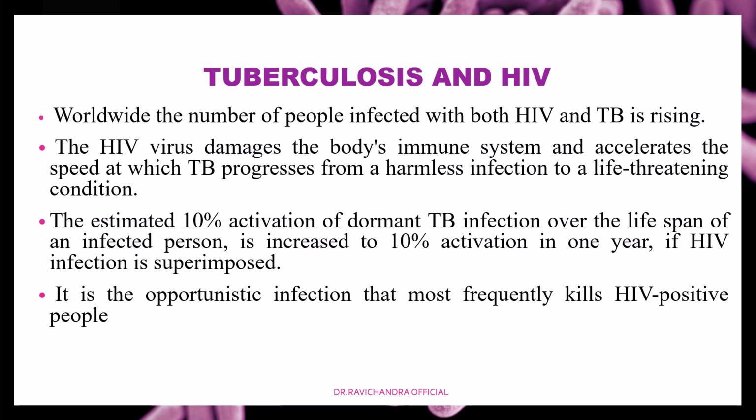The estimated 10% activation of the dormant tuberculosis infection over the lifespan of an infected person has been increased to 10% activation in 1 year if HIV infection is superimposed. So, with HIV, 10% activation in 1 year is common. It is the opportunistic infection that most frequently kills HIV positive people.